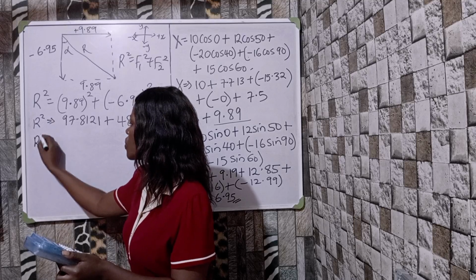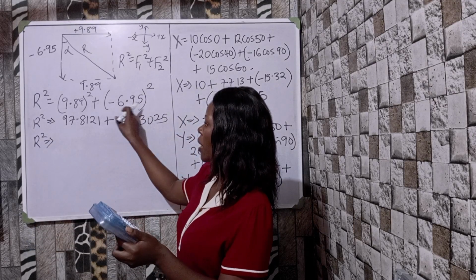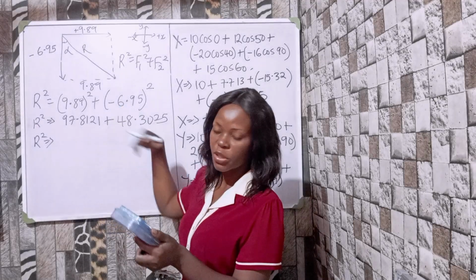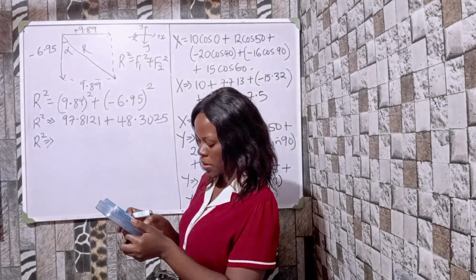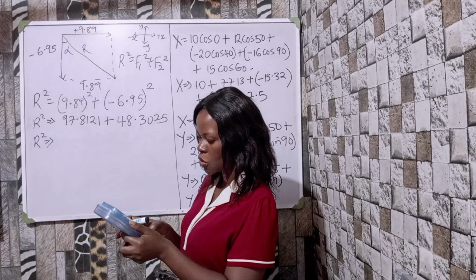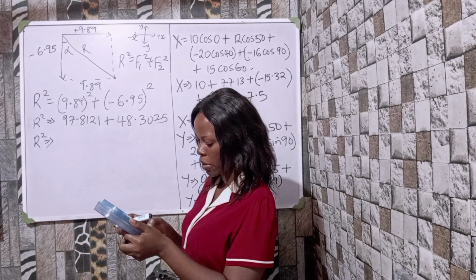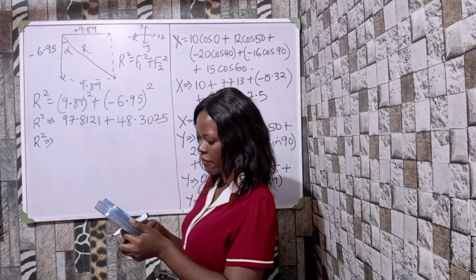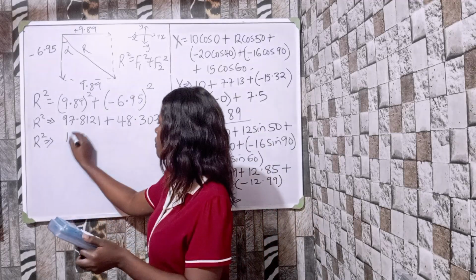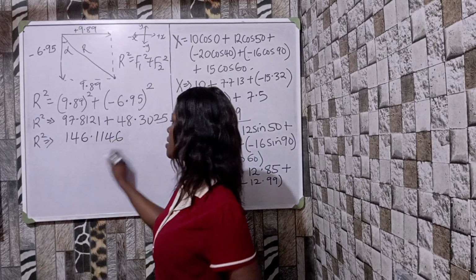So let's add them together to see what we have. Remember, when you square a negative sign, it will change to positive. 97.8121 plus 48.3025. So I have 146.1146.